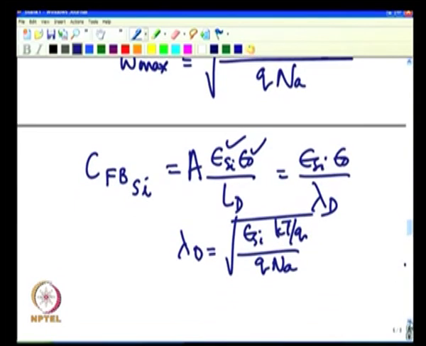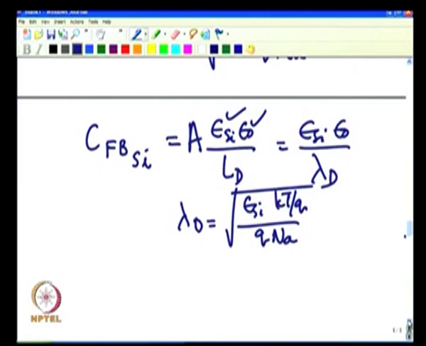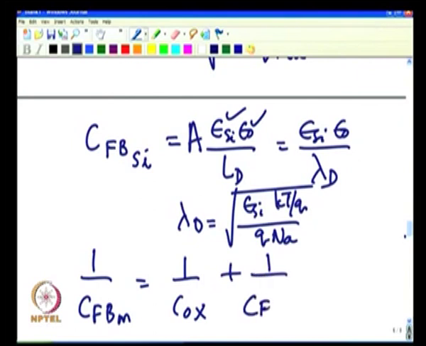Then you can ask the question, if this is a flat band capacitance of silicon, because it is coming in series with oxide capacitance, what would be the measured flat band capacitance? And that is simply CFB measured is 1 over Cox in series with silicon flat band capacitance, correct.